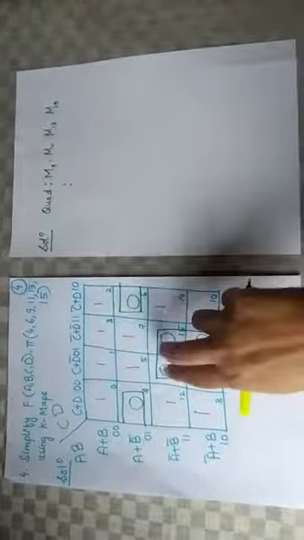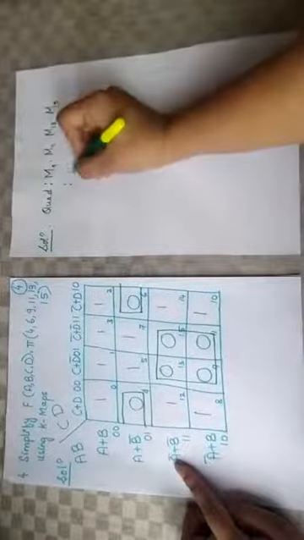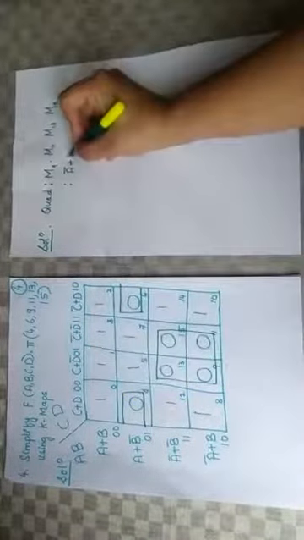When I say these 2 rows, I have to check for these terms. Out of these 2, what is the common term? It is A complement. See, plus, I have to go for these 2 columns. Now in these 2 columns, what is the common term? It is D complement. So write D complement. Okay. So quad is done.